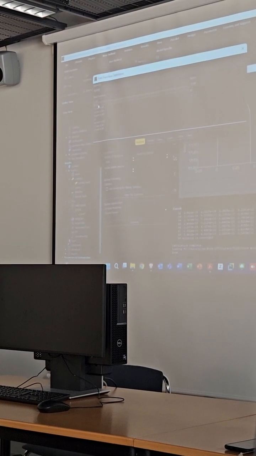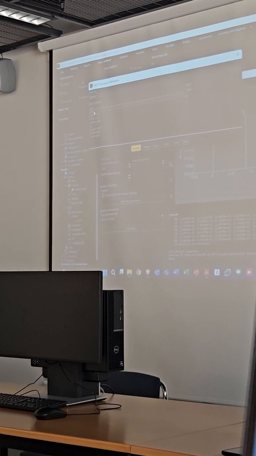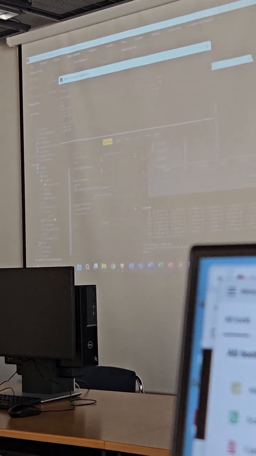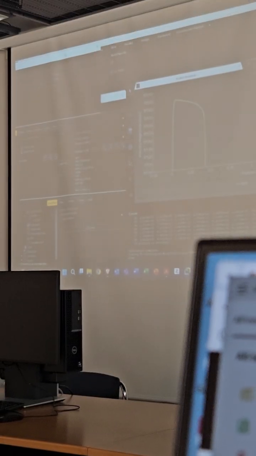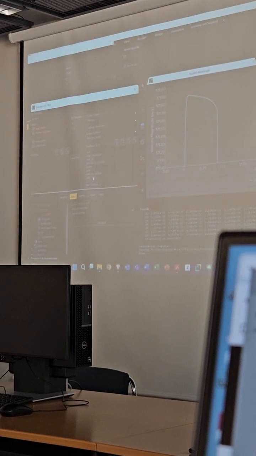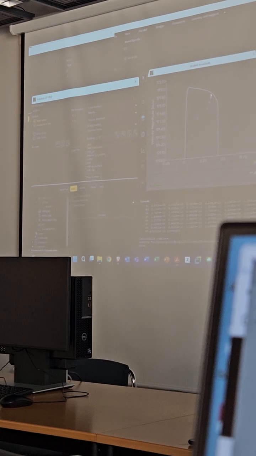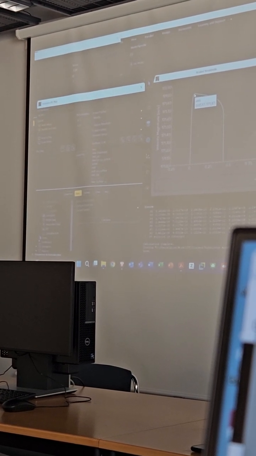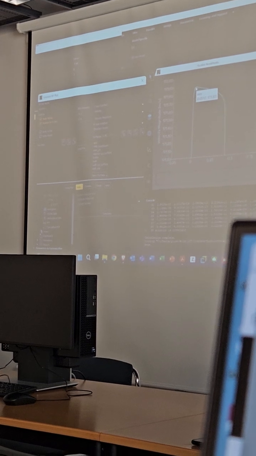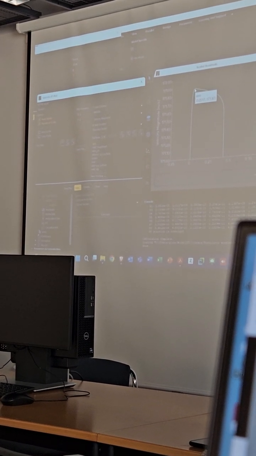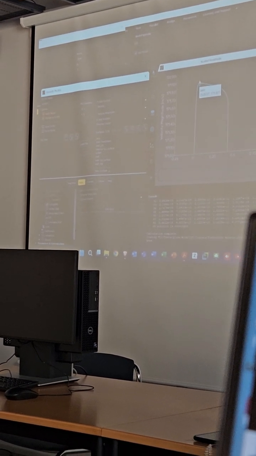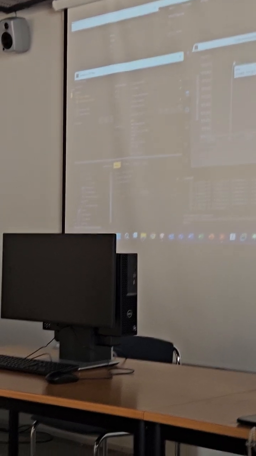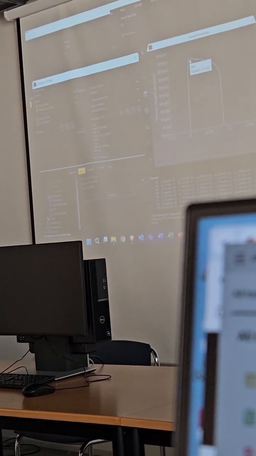Correct. Then we have the jet. What did you plot before? Before, I was plotting the velocity magnitude on the axis to visualize the velocity of the jet at x equal to 0, or close to 0, let's say the maximum velocity here.